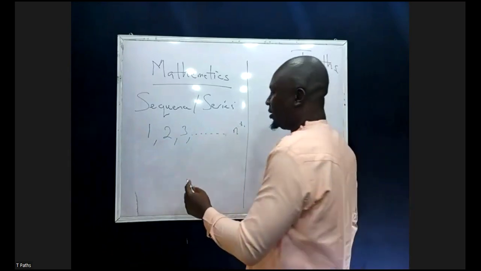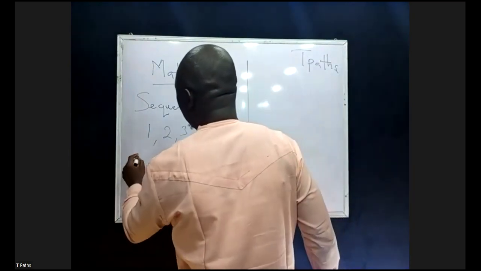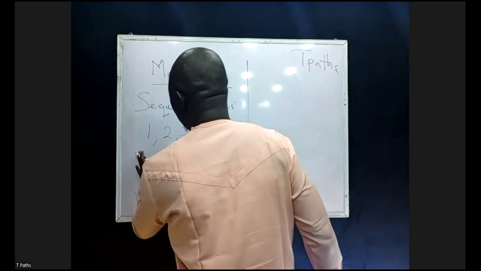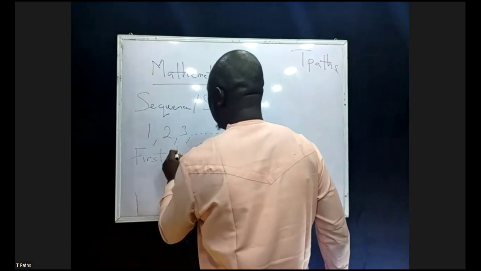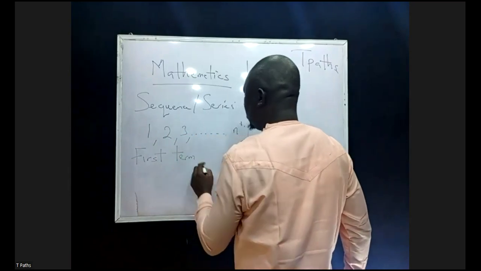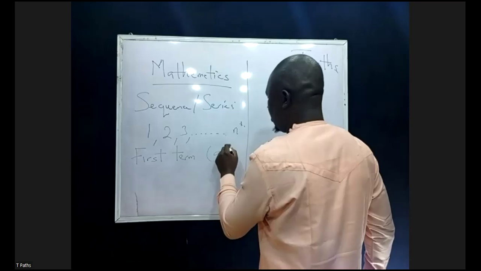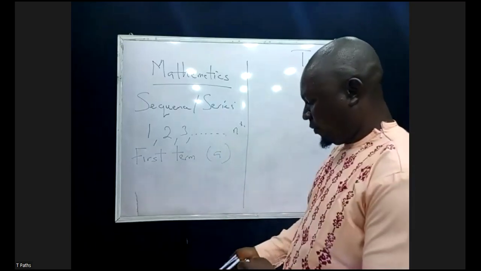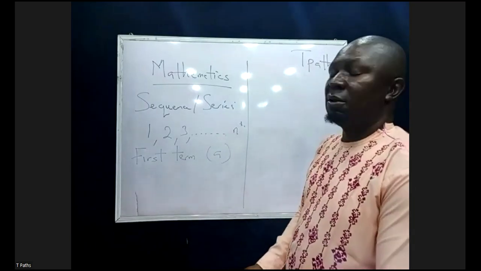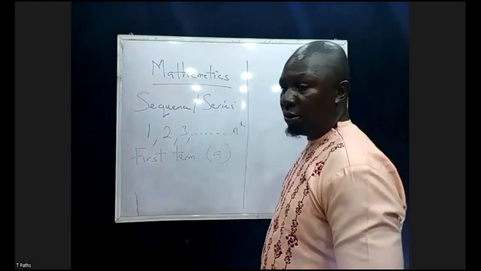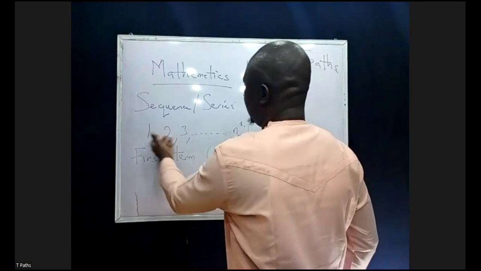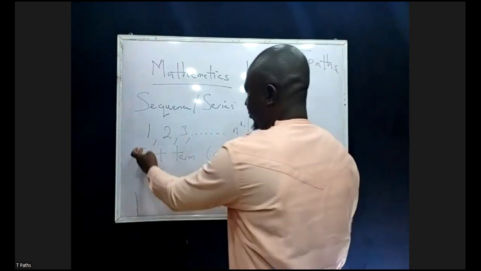For sequence and series, we have what is called the first term, denoted by a. The first term is the first number in a sequence. The first term of this series is 1.